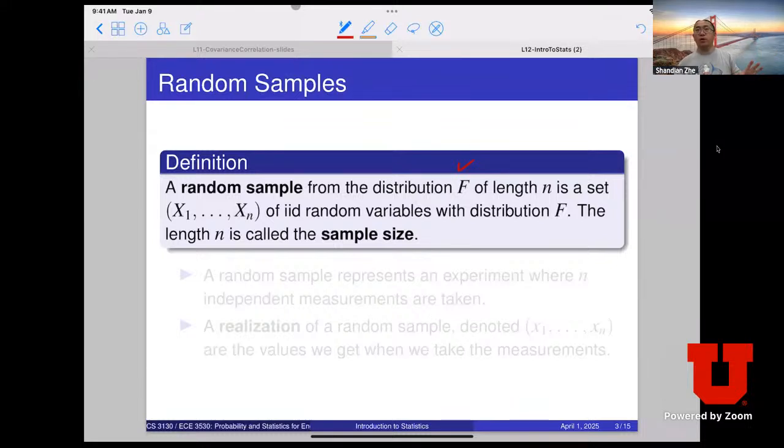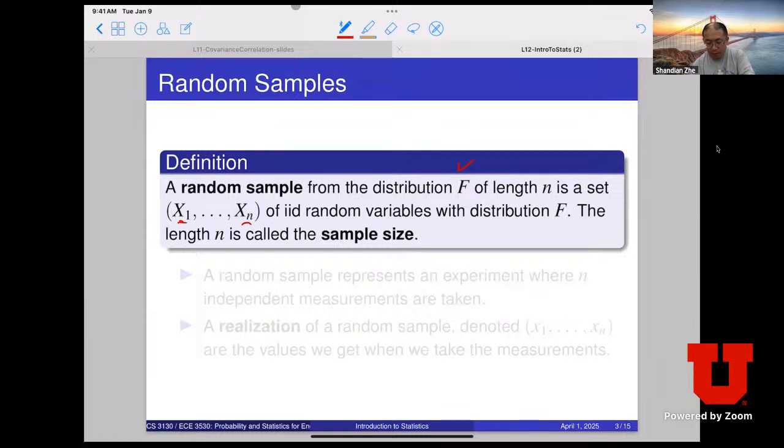So I can make sure the outcomes of each experiment are independent. Suppose I have collected n outcomes. Then we say x1 through xn is a sample of my underlying distribution.